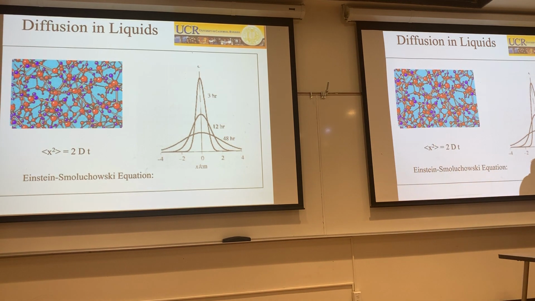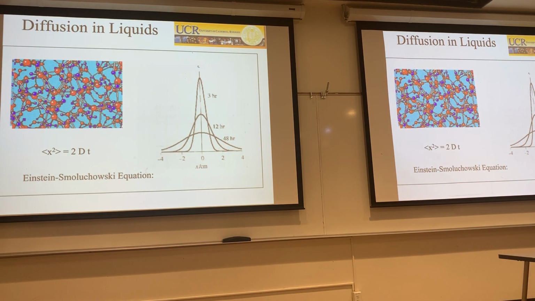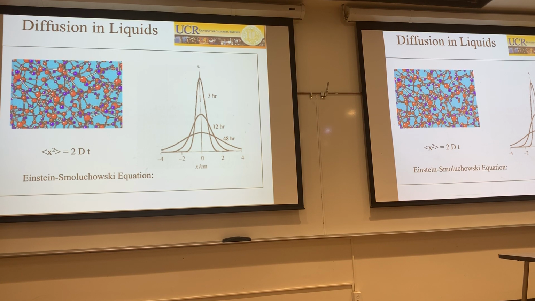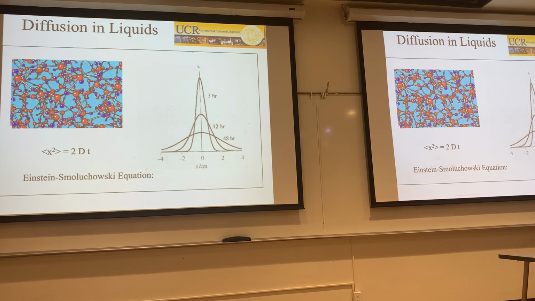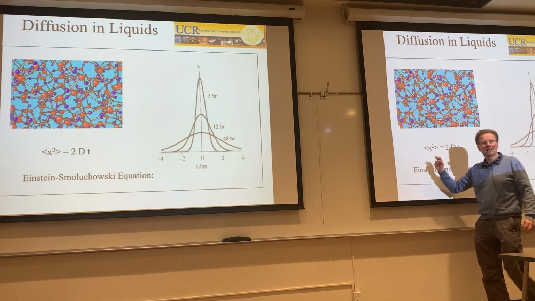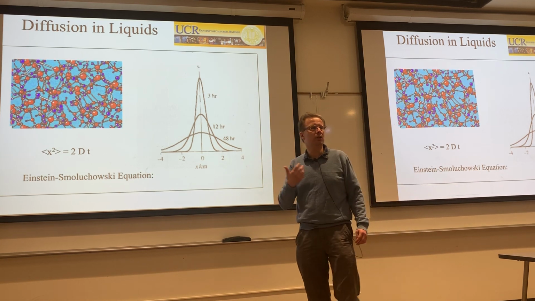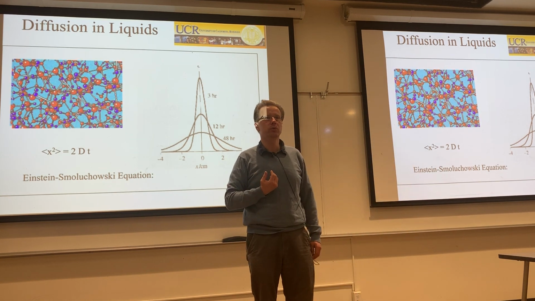So the average of that will be zero. But we realized already earlier that the RMS average, or at least the average of the squares, is different. Because if I first square the displacement the molecules were doing, then all numbers are positive, and so they won't average out anymore to zero.